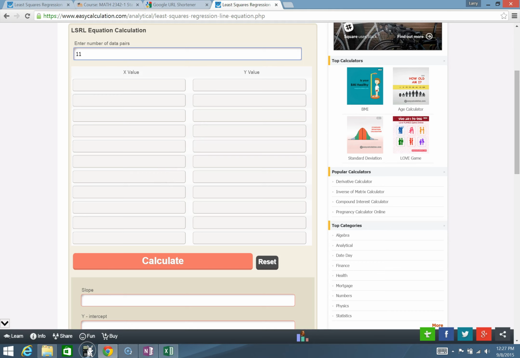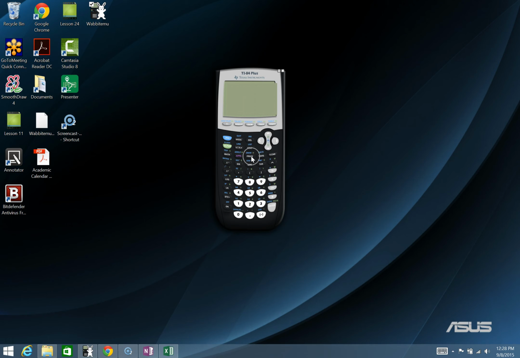Alright, one last method. I'll show you how you can do it using your TI calculator. After turning your calculator on, come to Stat and Edit. In List 1, you put your x values. In List 2, you enter your y values.